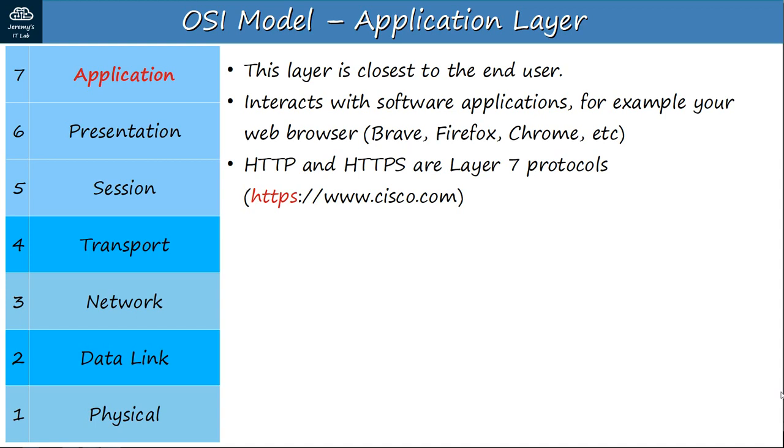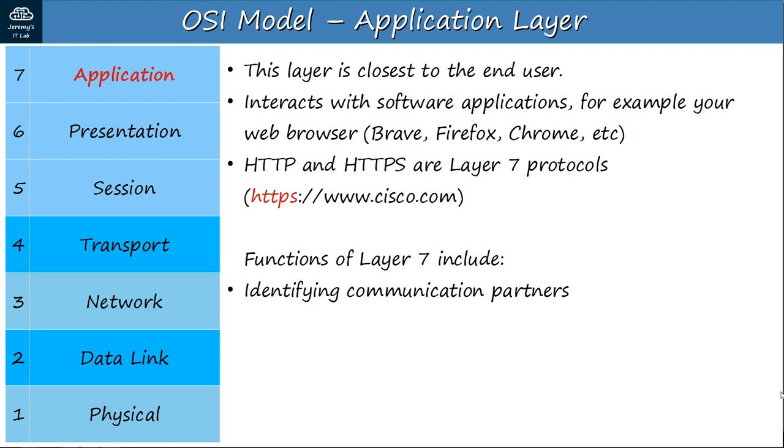Keep in mind that Layer 7 doesn't include the application itself, like Chrome or Firefox, but rather the protocols that interact with the application, like HTTP or HTTPS. A couple functions of Layer 7 are identifying communication partners and synchronizing communication. Let me explain how it does this.